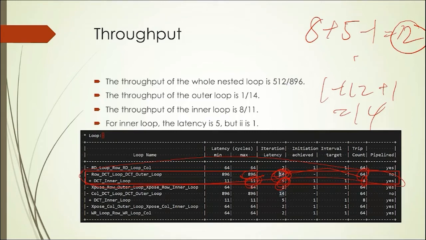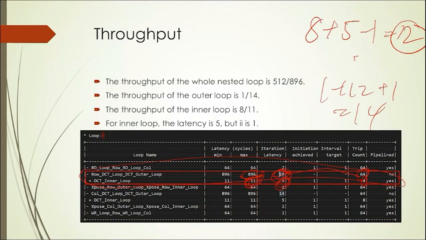So the throughput of the outer loop is 14 over 1, and the throughput of the inner loop is 8 over 11. For the inner loop, the latency is 5, but because it is pipelined, the II is 1, because it can take a new set of input every cycle.